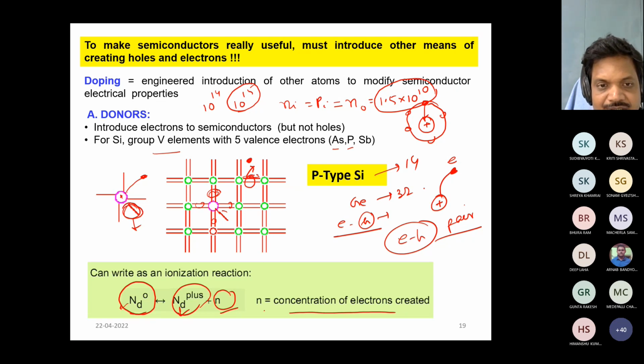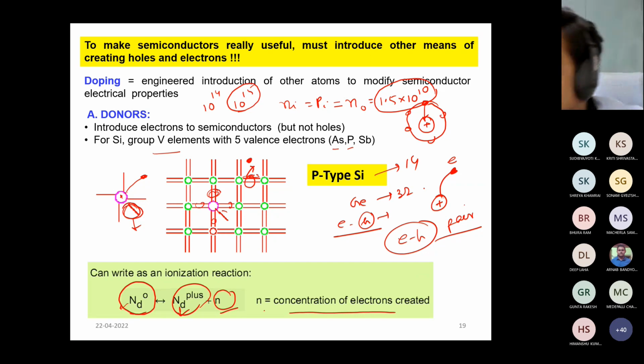Is it clear? Both electrons and holes are there, because due to finite temperature there will always be breaking of some covalent bonds, and due to that electron and hole pairs will be generated pairwise, and this mechanism will always be there to provide electron hole pairs.